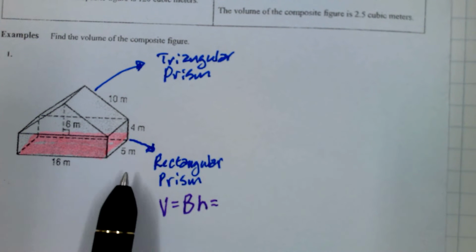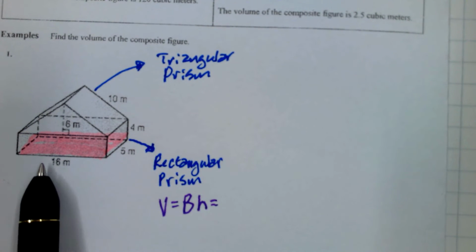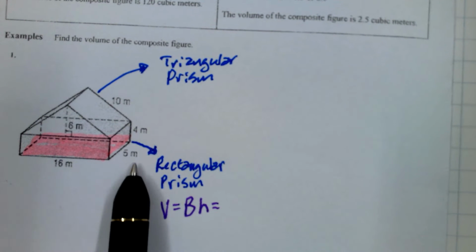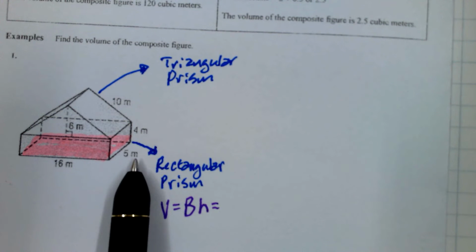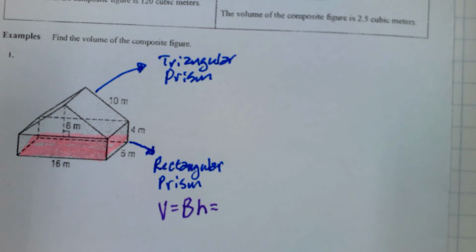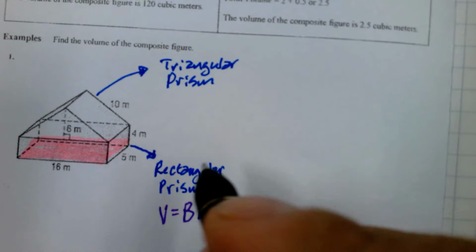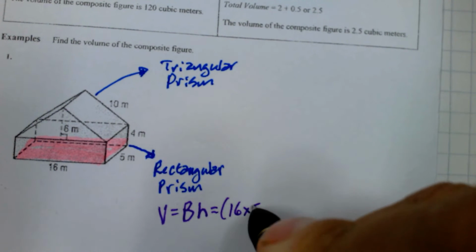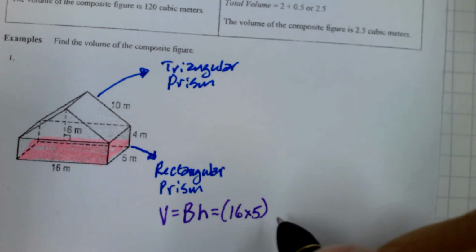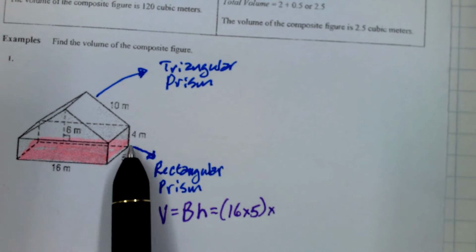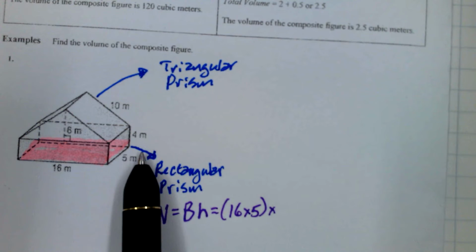It's a rectangle, and the dimensions are 16 by 5. What do I do with the length and the width to find the area of a rectangle? Multiplying. So we're going to multiply 16 by 5, and then multiply that times the height. What's the height of this rectangular prism? 4.